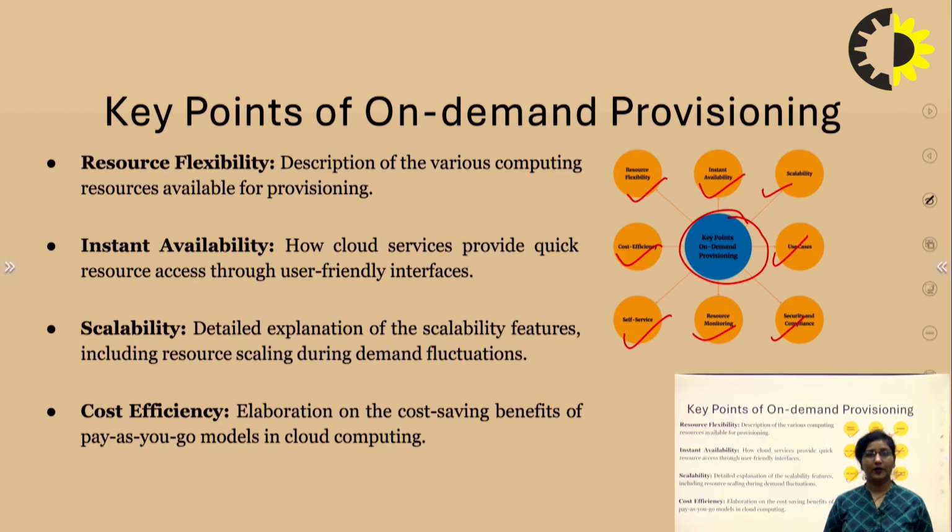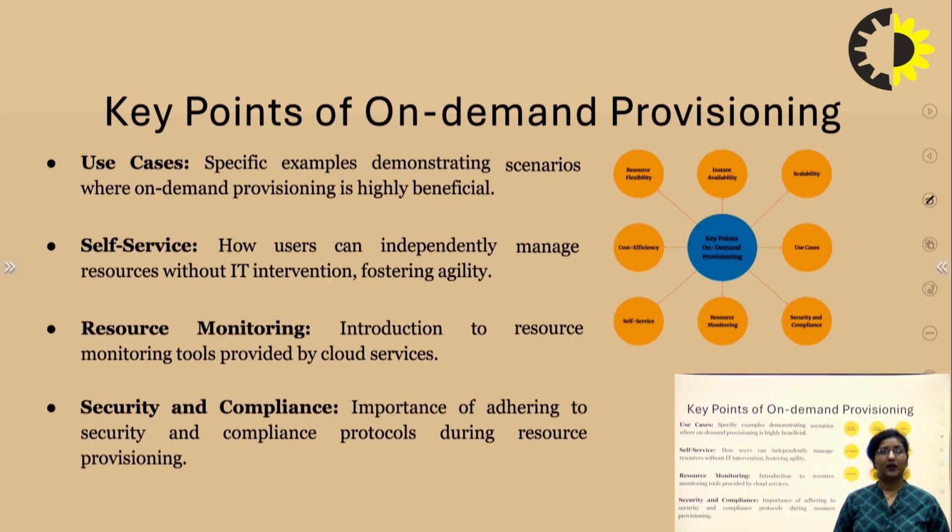So, if you are using cloud computing and for that elasticity, this on-demand provisioning can be used in it. Use cases are specific examples which provide different scenarios where on-demand provisioning is highly beneficial.